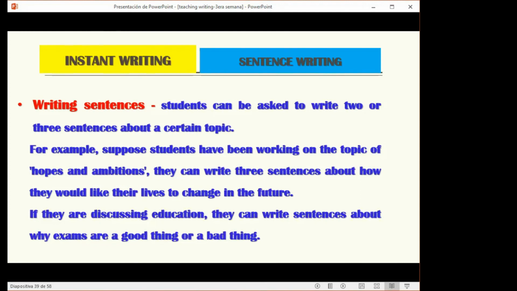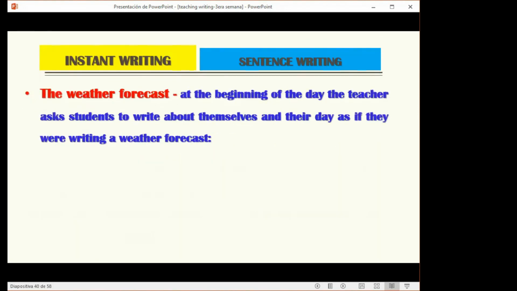If they are discussing education, they can write sentences about why exams are a good thing or a bad thing. So they start writing. They don't have so much time to think, on the spot. 2, 3 sentences, no more. Another one, the weather forecast.